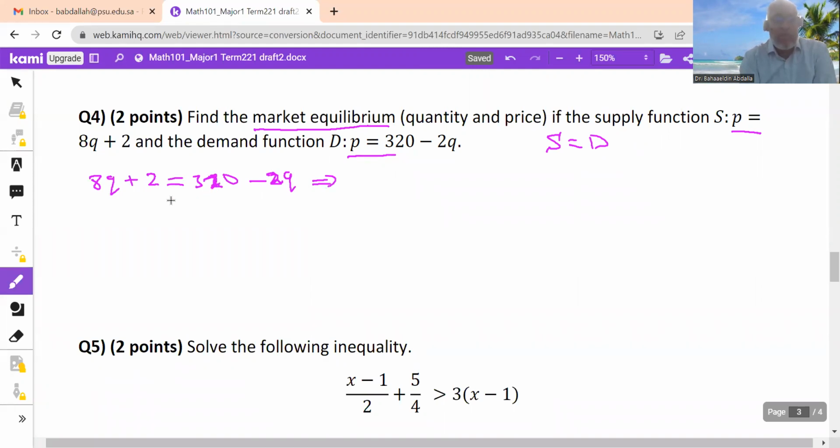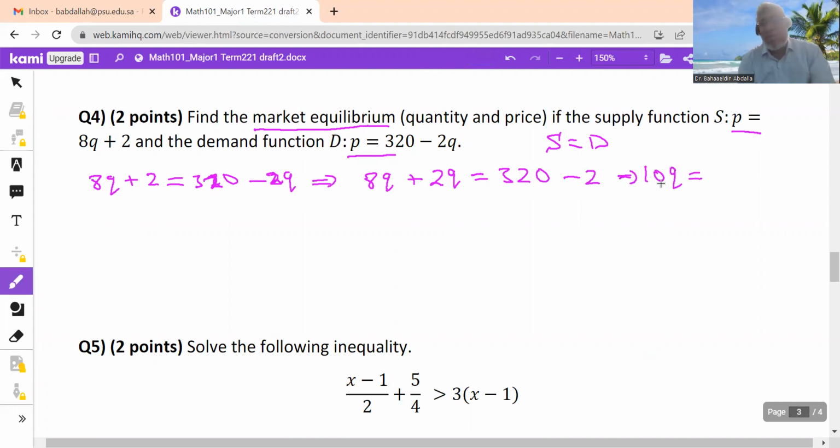So I will take all the terms that have Q to one side. Negative 2Q, take it to the left-hand side, so it would be positive 2Q. I have already 320 here, and the plus 2 will come to the right-hand side, so it would be negative 2. So I have 10Q equals 320 minus 2, and that's 318.